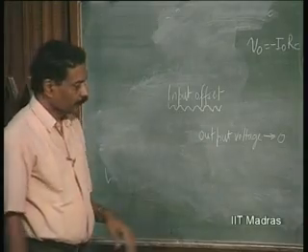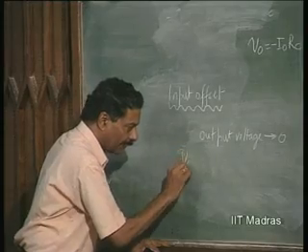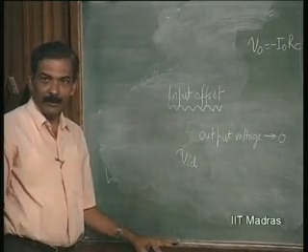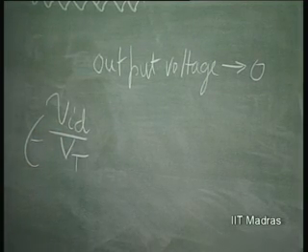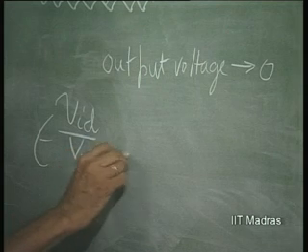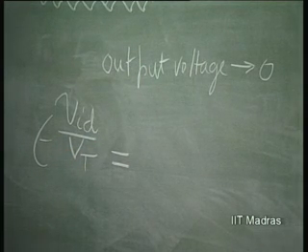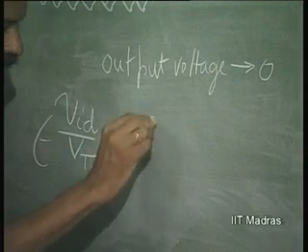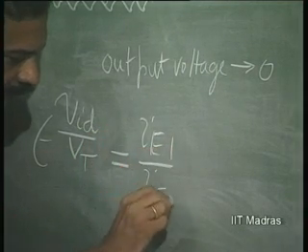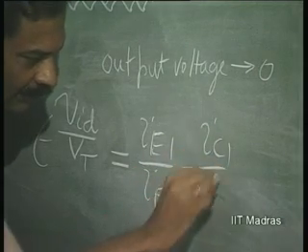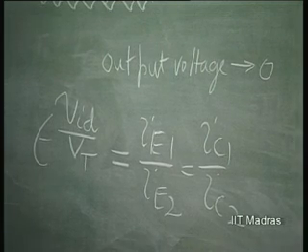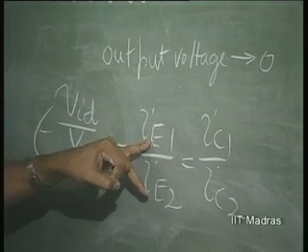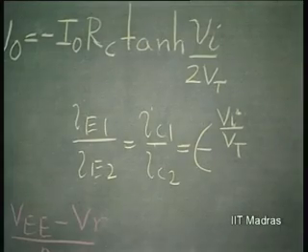Now, how do we find out input offset? It is very clear. Input offset is that VID that I have to apply, so that exponent VID by VT becomes equal to what? What is this normally? IE1 by IE2 equals IC1 by IC2, that is what we have put. In order to make the output offset 0, I have to have IE1 equal to IE2, IC1 equal to IC2.